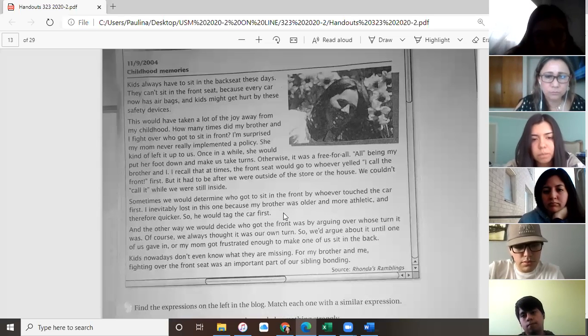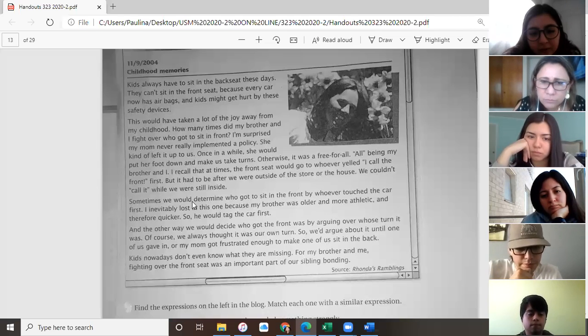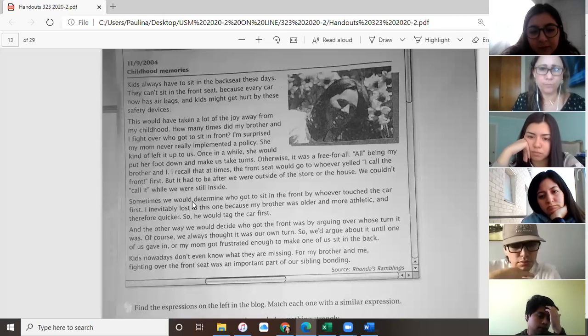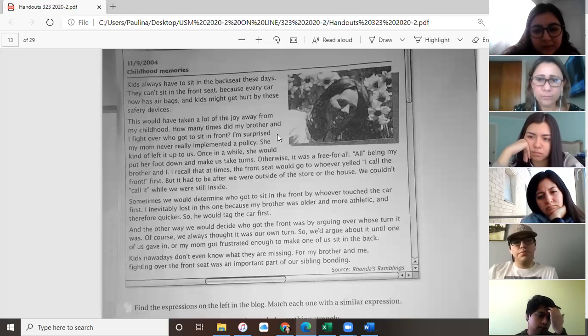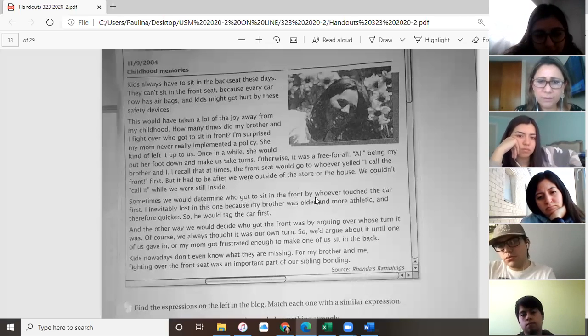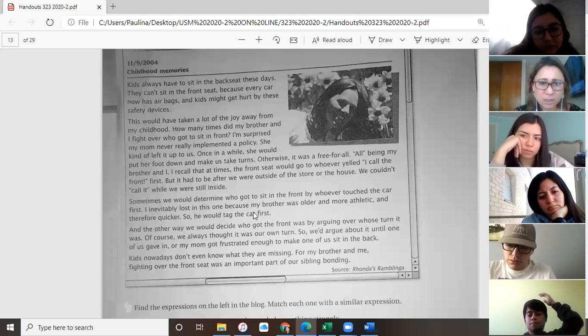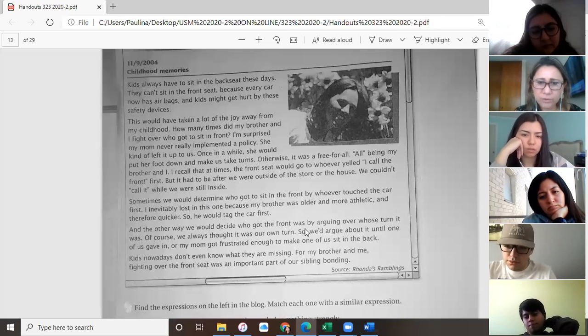We would decide who got the front by a rule over who's strong. Yes, and we would determine who got to sit in the front. So it was a repeated action in the past. We would decide who got the front by arguing, yes?